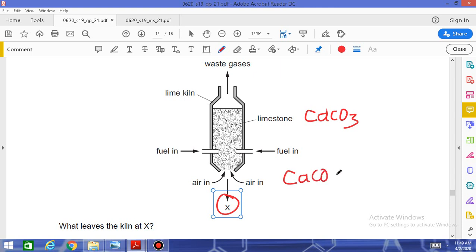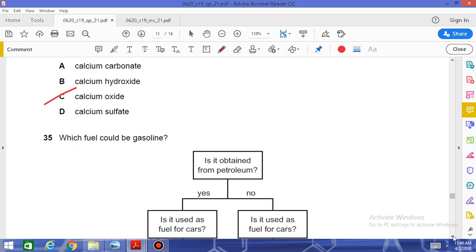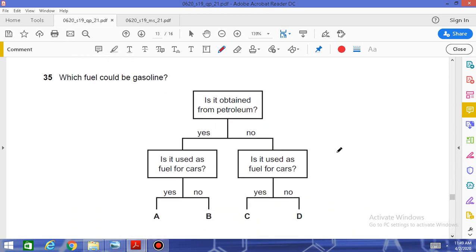When calcium carbonate is heated, calcium oxide and carbon dioxide are produced. 35. Which fuel could be gasoline? Is it obtained from petroleum? Yes, of course. Is it used as fuel for cars? Yes. So the answer is A.